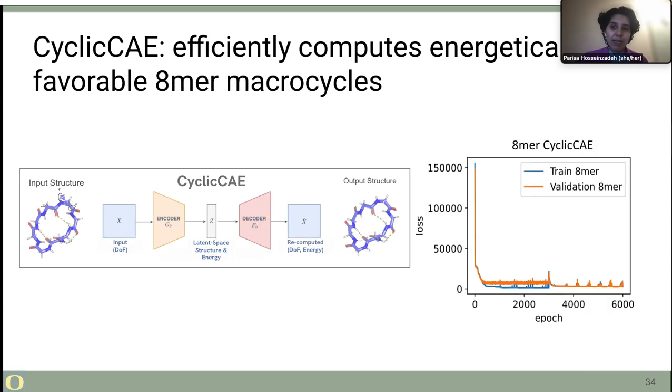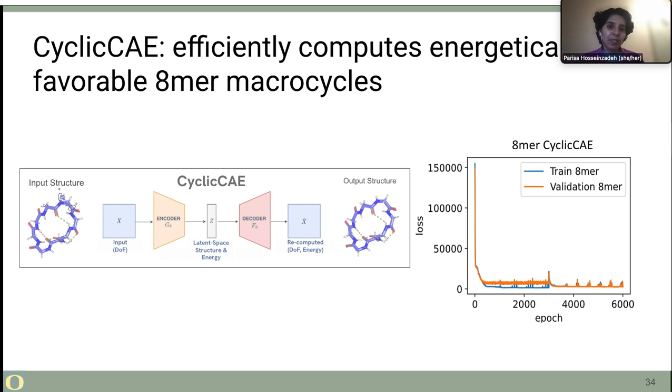So we ran it on CyclicK. Epoch is the cycles that it goes through. It's like time. And loss means that the lower the loss, the more accurate the backbone reconstruction.